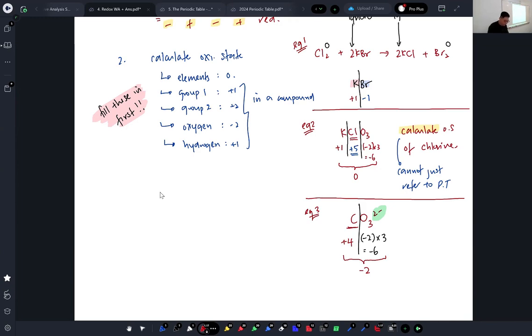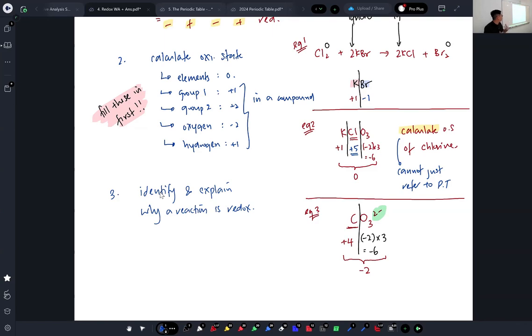Now, skill 3. What is skill 3? You must be able to identify and explain why a reaction is redox.